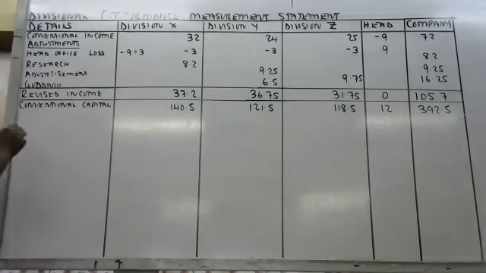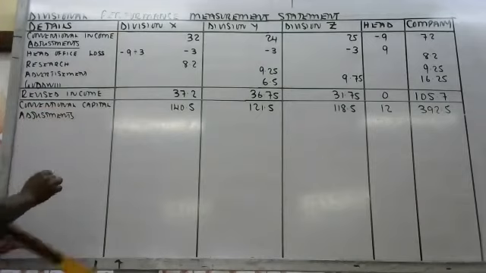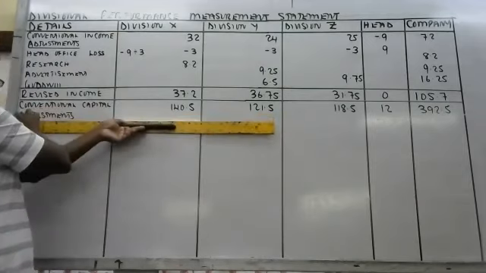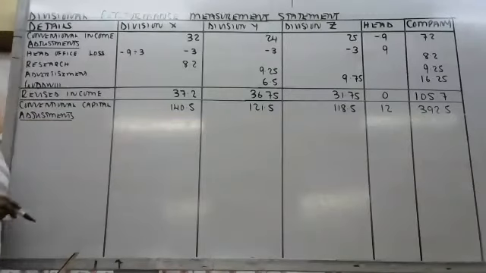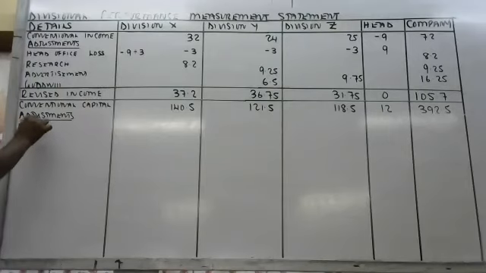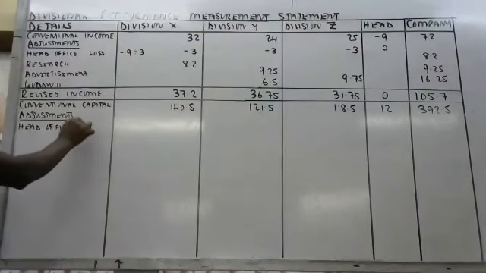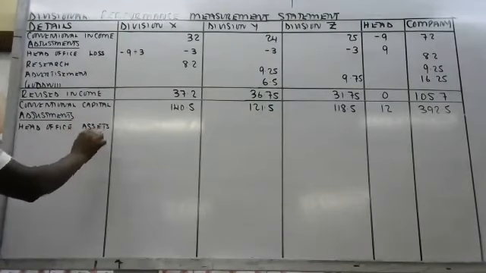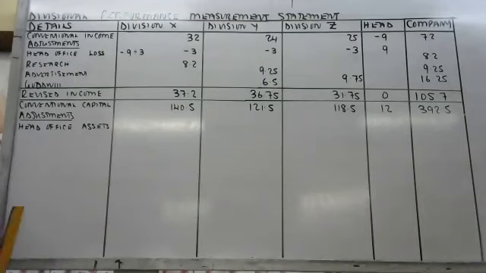Then you do the adjustments as usual. As I've told you, you always begin with whatever is in the head office. So we are going to deal with head office assets.